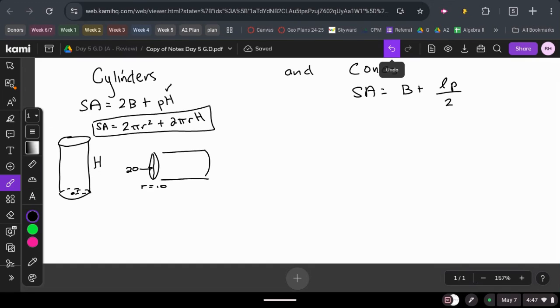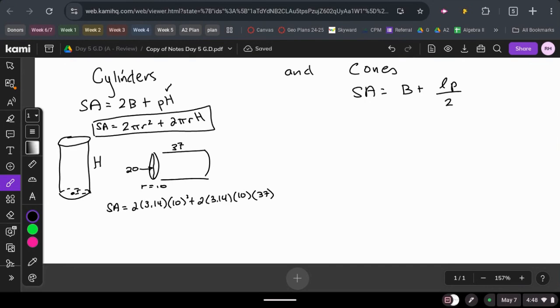So if the radius is 10, and let's say this is 37 so it looks like the right size, then we've got 2 times 3.14 times the radius, which is 10 squared, plus 2 times 3.14 times the radius times capital H, which is 37.